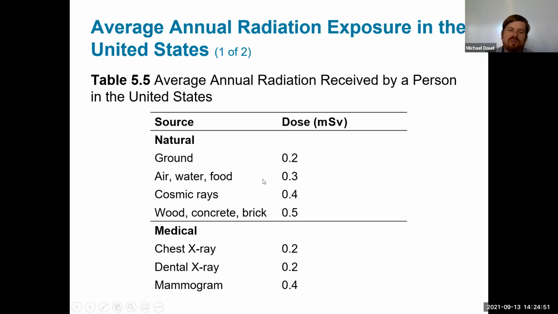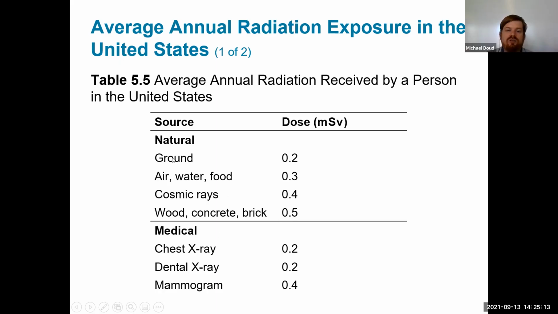Air, water, and food, so this is what you're breathing, eating, drinking, 0.3 millisieverts. Cosmic rays from the sun, 0.4. And then wood, concrete, and brick can all include radioactive isotopes as well. So it's all around you, but it's very small. So don't worry too much about that.